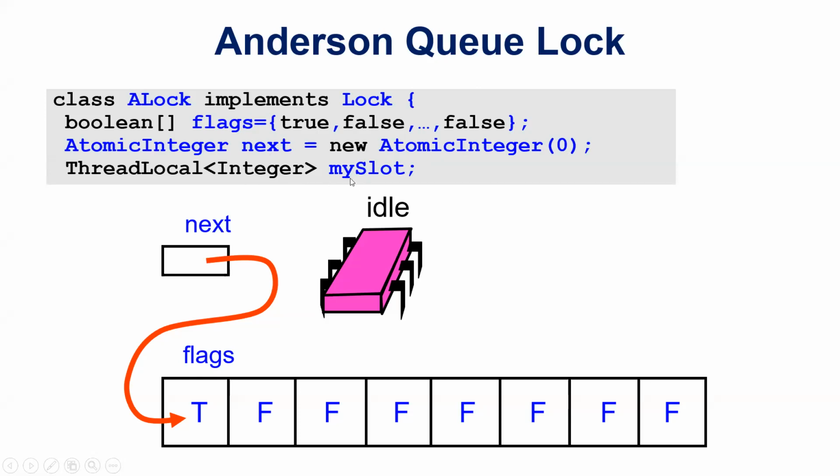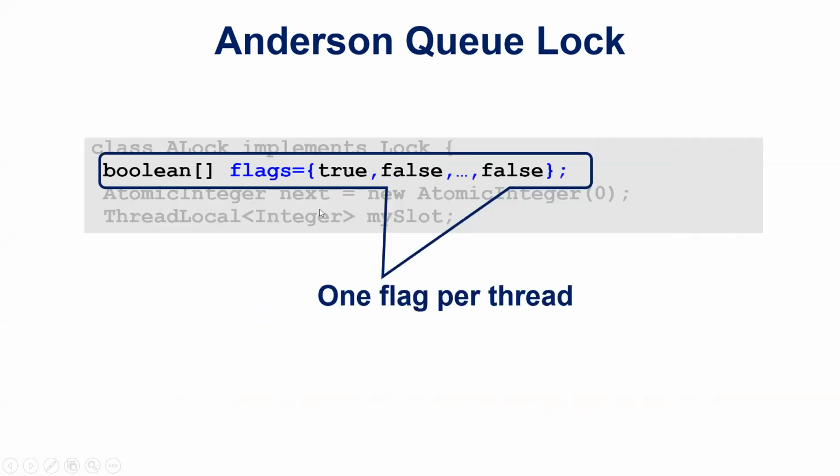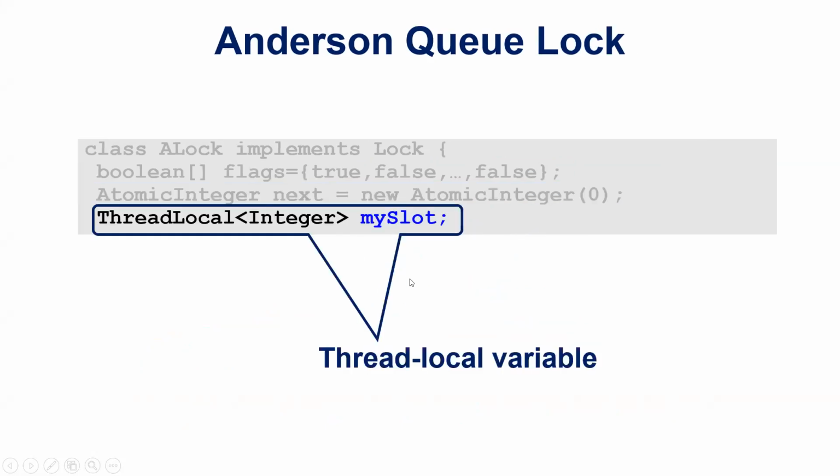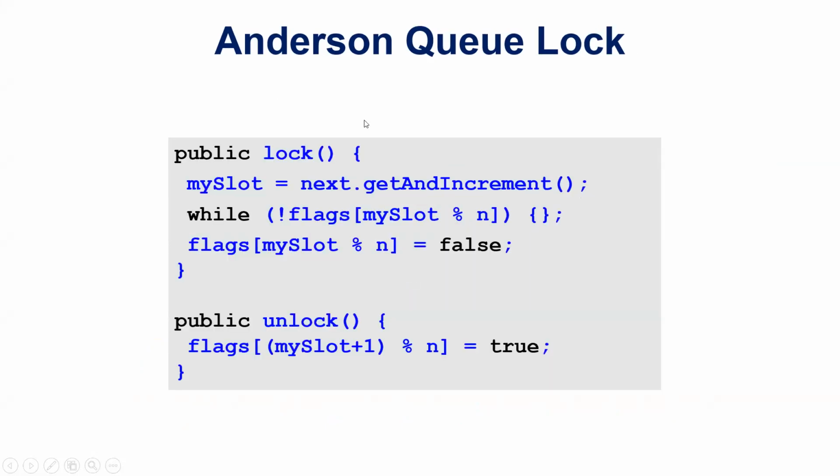And we are using a thread local variable, my slot, which represents the index of that particular array. So this is one flag per thread, this is the next flag value, and this is the thread local variable. Now, this is the lock and unlock algorithm of the Anderson queue lock.